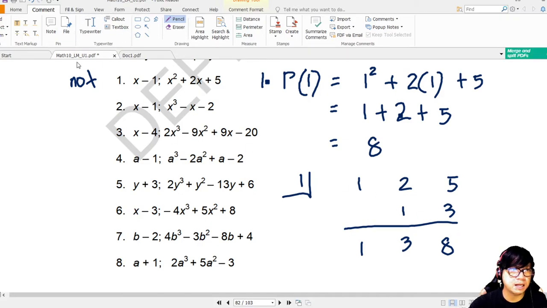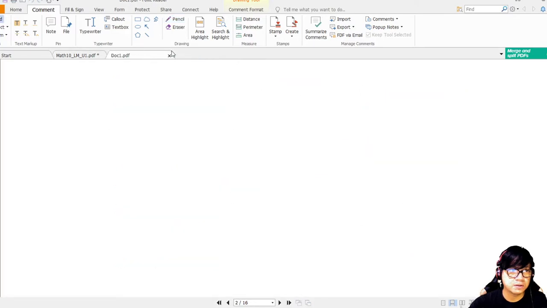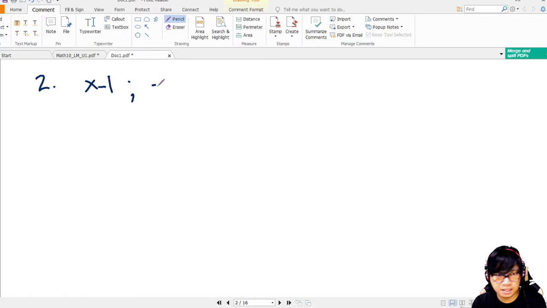Let's just use a blank sheet. For number 2, the given divisor is x minus 1, and the polynomial is x cubed minus x minus 2.